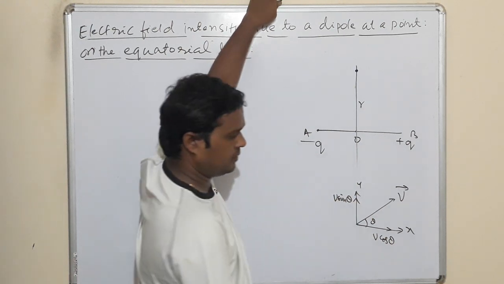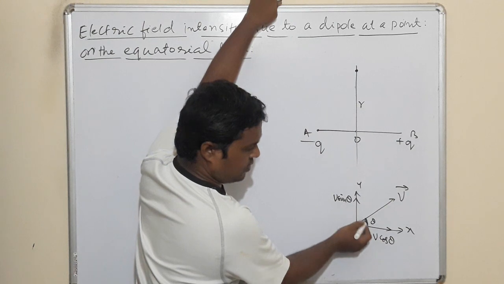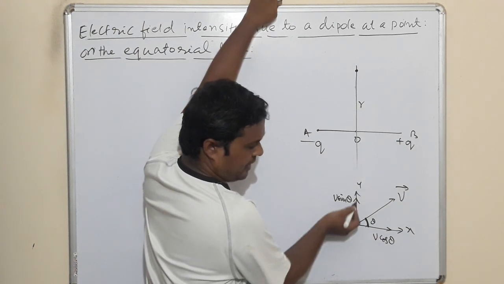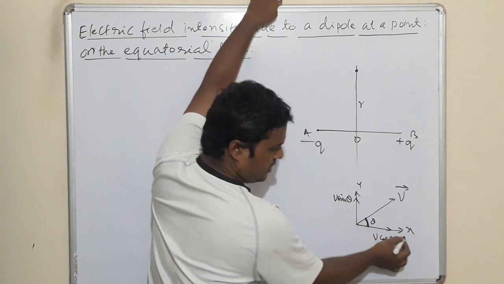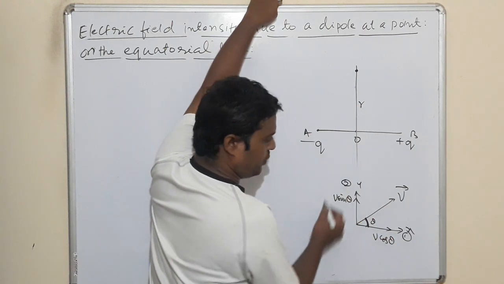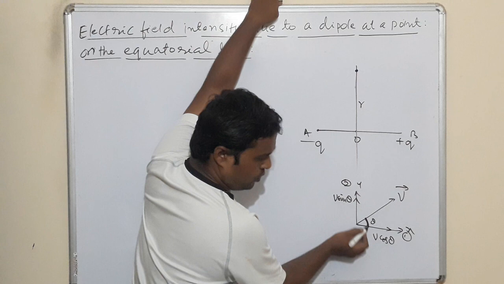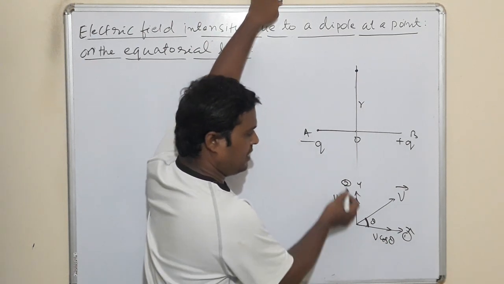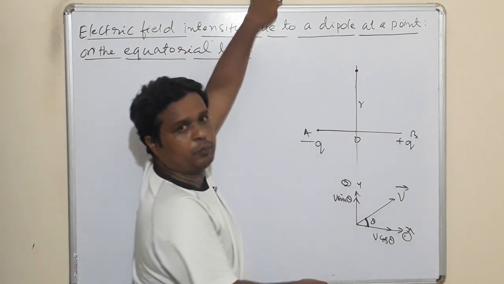The component to which theta is attached is always the cos component, and the other is the sin component.